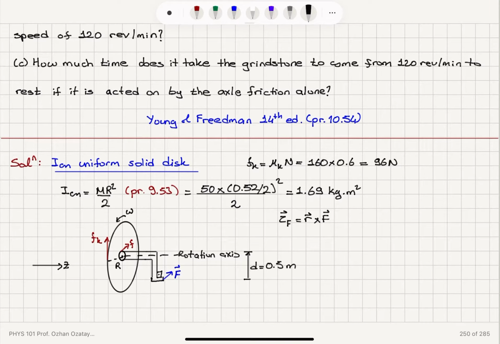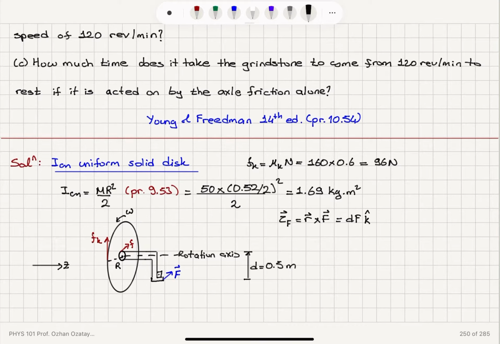So that's going to give us d times F. So if the z-axis is pointing to the right like this, it's going to be r cross F. You point from the pivot point to the application point of the force, curl your fingers towards the force, you see that the torque is in k hat direction. So dF k hat.